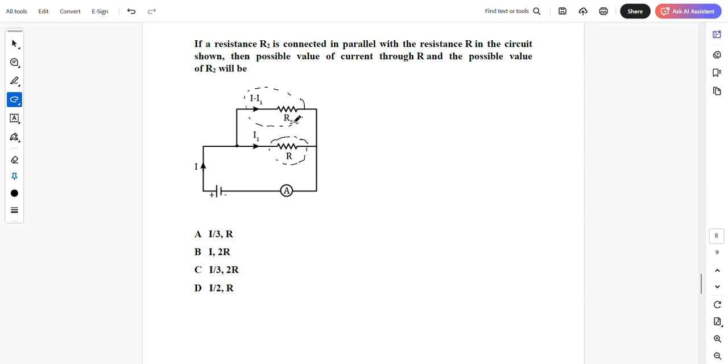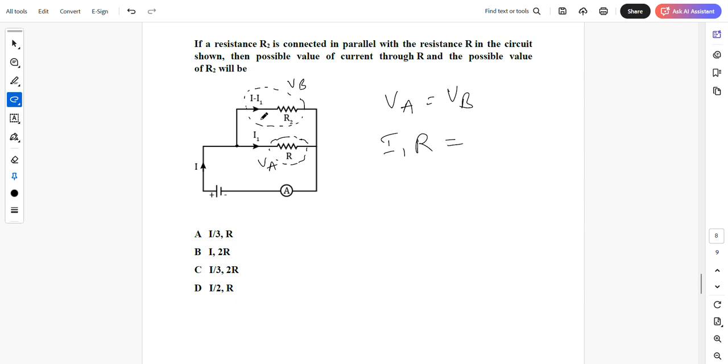Let us call them VA and VB. VA is the same as VB, right? Understood? VA is I1 into R.